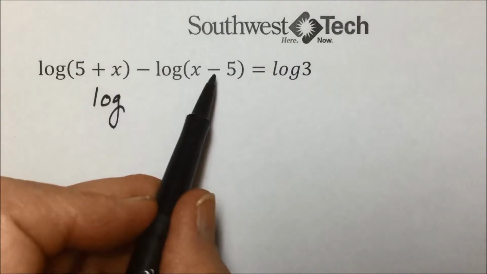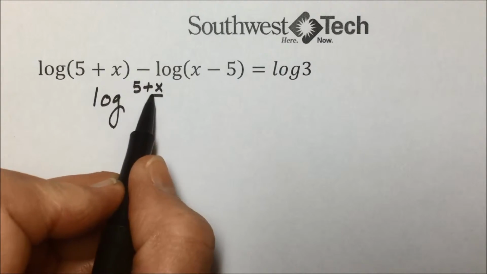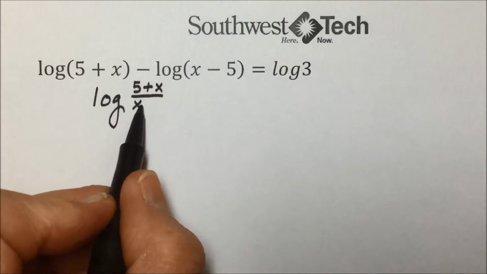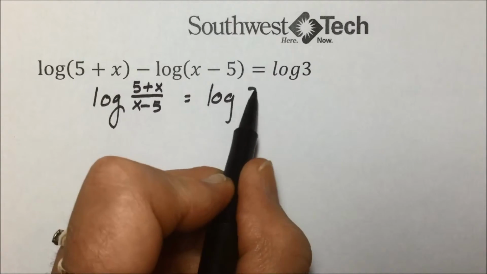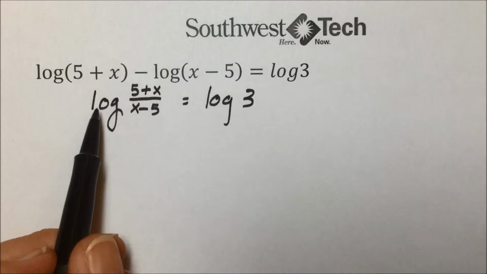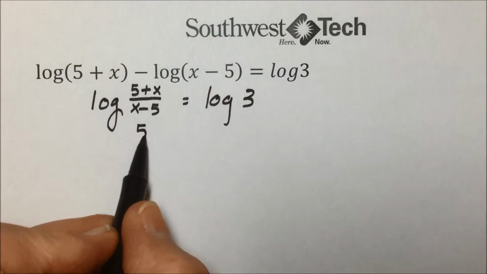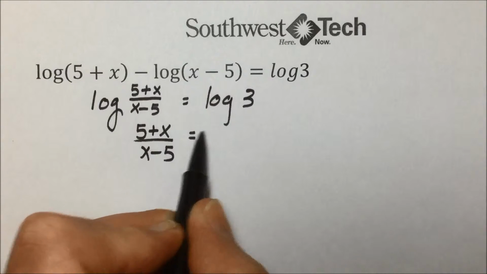A difference is equivalent to the quotient of those quantities. So it'll be the first term over the second term is equal to log of 3. Using our principle of logarithmic equality, if we have logs with the same bases equal to one another, the quantities then must equal one another.